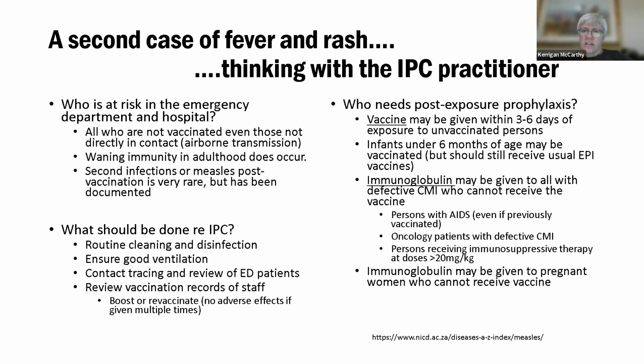However, in this particular context, for example, if a child under the age of 6 months is exposed to a measles case, it would make sense to vaccinate them, to offer them the best possible protection. Those who may not receive a live attenuated vaccine, and this includes persons with impaired cell-mediated immunity, persons with advanced untreated HIV infection, oncology patients, and also pregnant women, may be given human normal immunoglobulin as post-exposure prophylaxis.